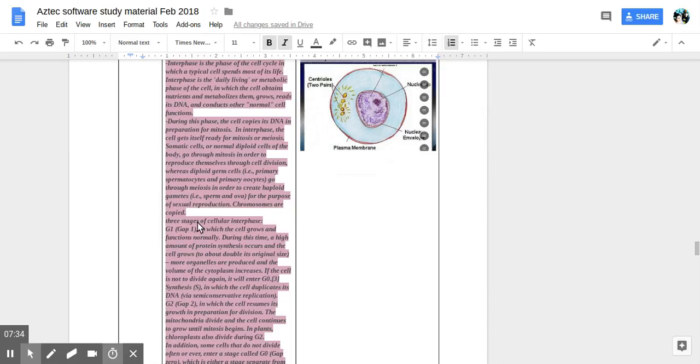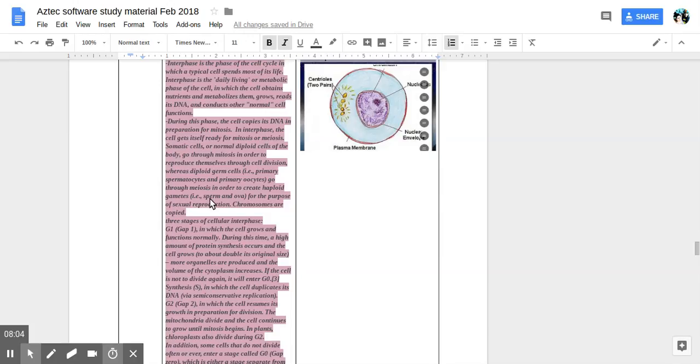So again, somatic cells are normal diploid cells of the body. They go through mitosis in order to reproduce themselves. Whereas diploid germ cells are like the cells of the reproductive system that undergo meiosis. These are called primary spermatocytes in males and oocytes in females.